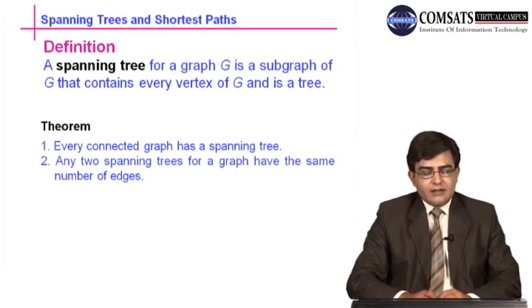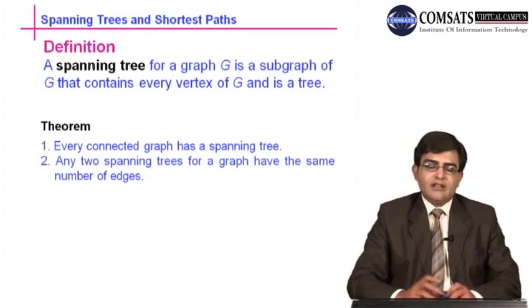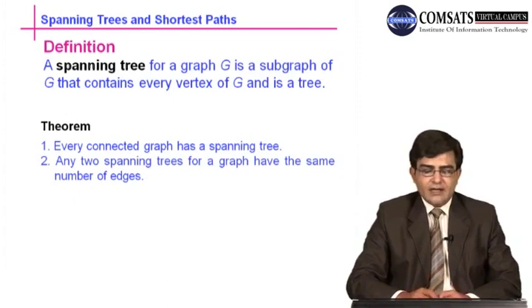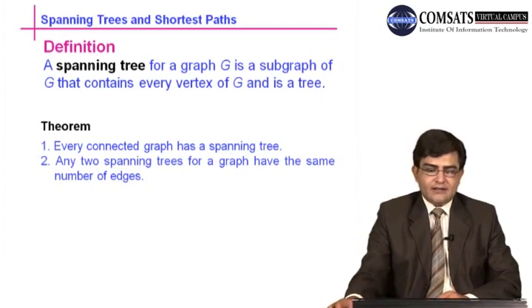The second result is: any two spanning trees for a graph have the same number of edges. If you have two different spanning trees which are subgraphs of G and contain every vertex of G, then both spanning trees must contain the same number of edges. So this is also an important result related to spanning trees.